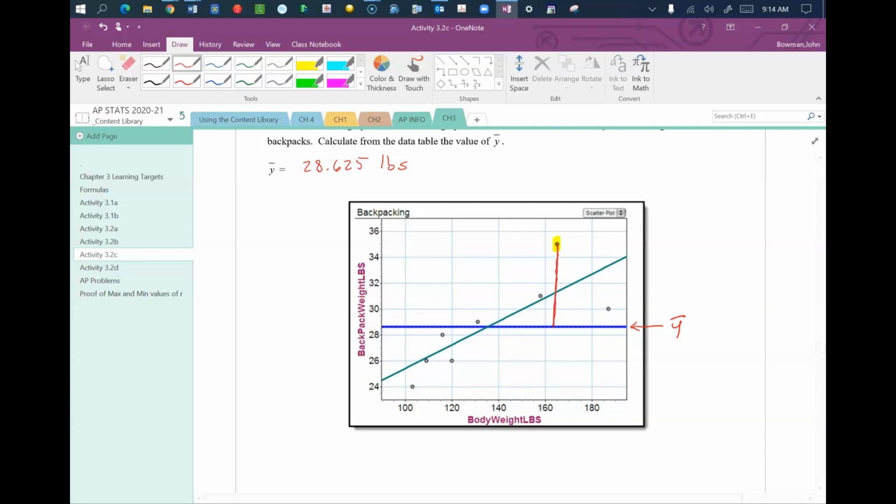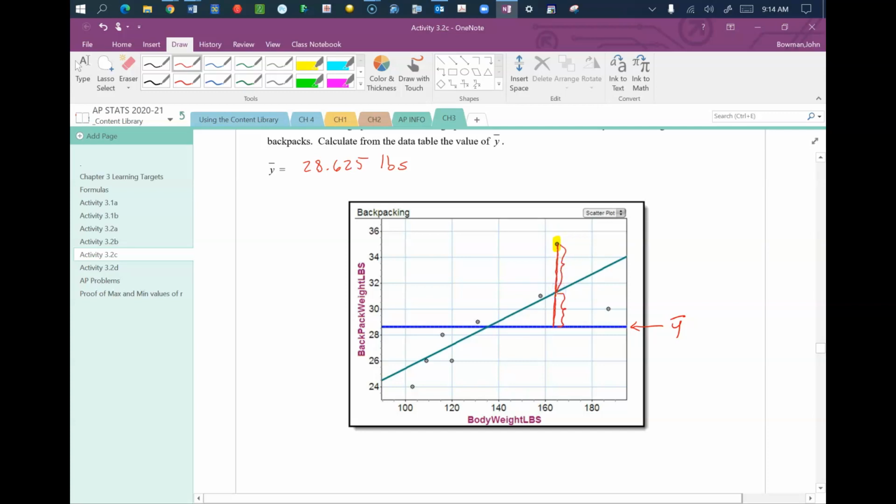What we'd like to be able to say is how much of that total deviation can be predicted by the line of best fit. Well, for this one point, this much of the deviation can be predicted by the line of best fit. This much of the deviation cannot.